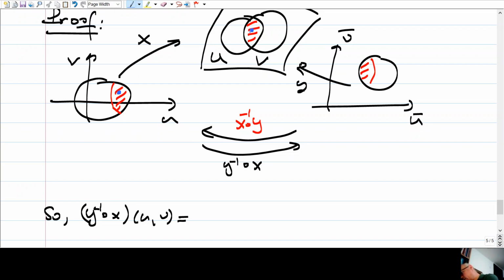X takes this point here and Y inverse takes it here. So I go from the uv plane to the u bar v bar plane. The coordinates of this composition, let's say, are given like this: u bar of uv and v bar of uv.